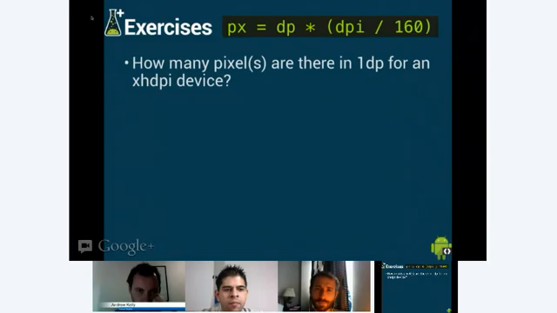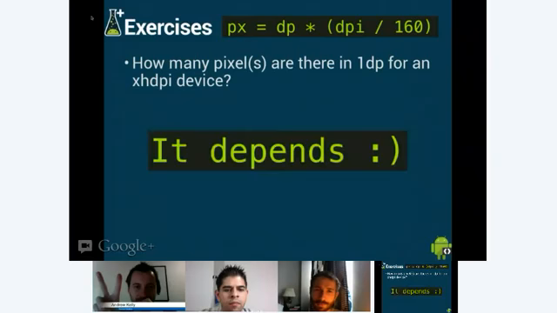Let's get to another exercise. How many pixels are there in 1DP for an XHDPI device? Guess what? The answer is it depends, because XHDPI is actually a range.